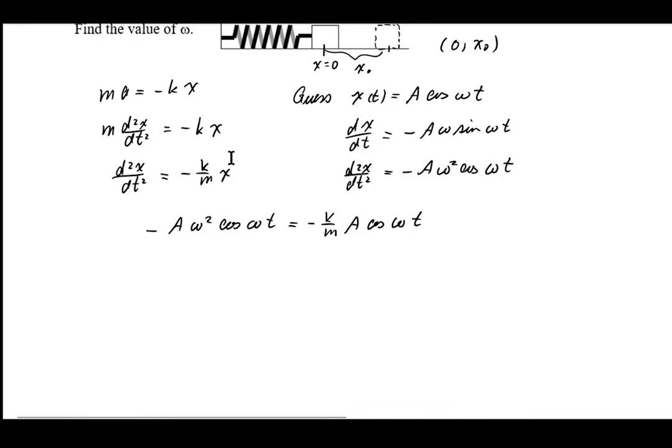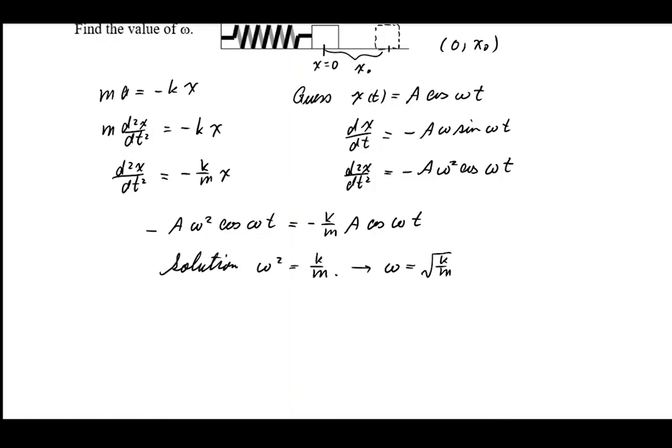Well, look, we have a fighting chance. A cancels out. Cosine is the same thing. So as long as this is a solution, as long as my omega squared happens to be k over m, that tells you your omega is, oh, that's ugly, omega is equal to the square root of k over m.